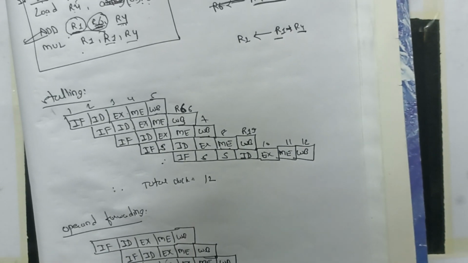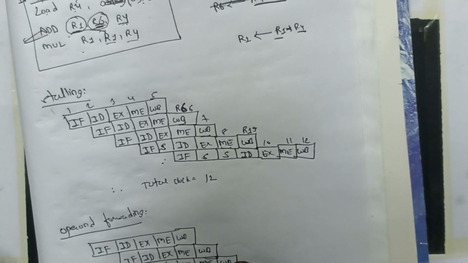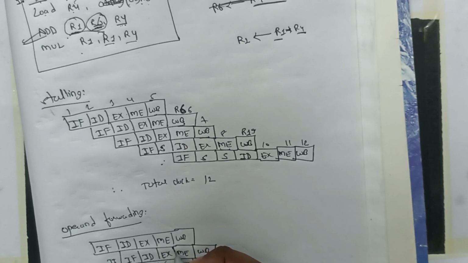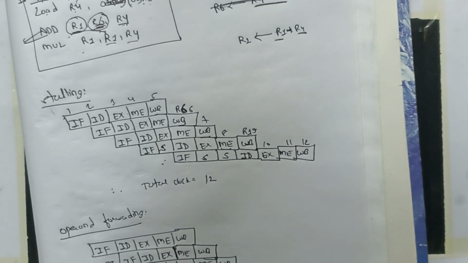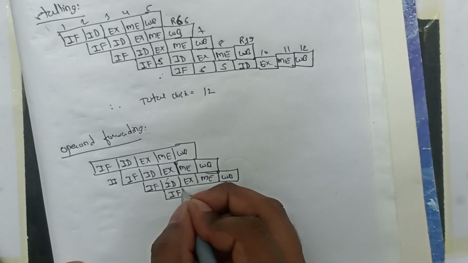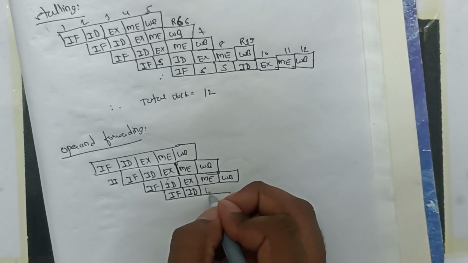So after execution I will get my R6 value. IF, ID here, execution here.